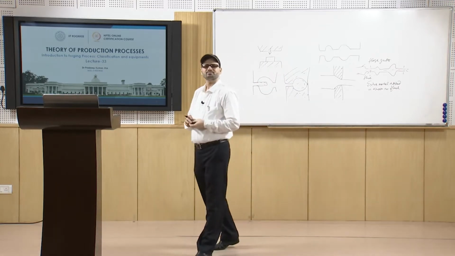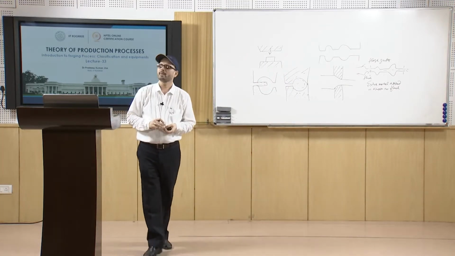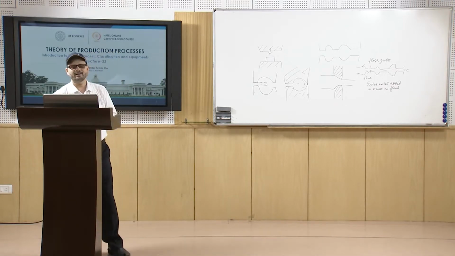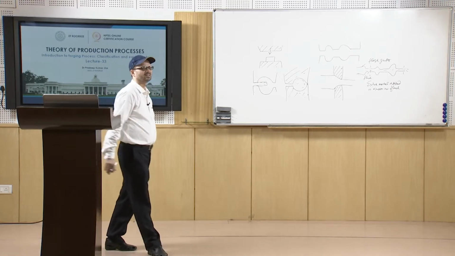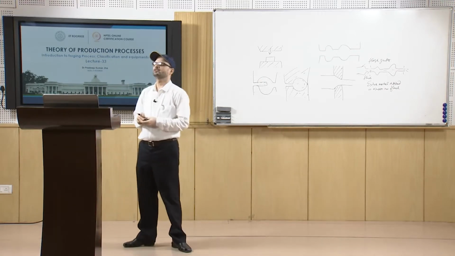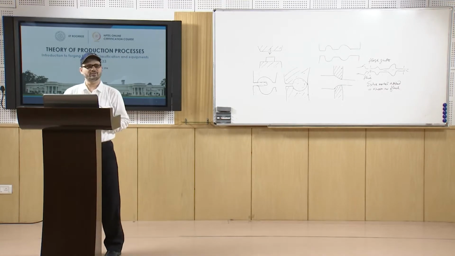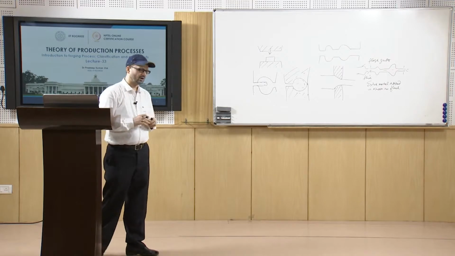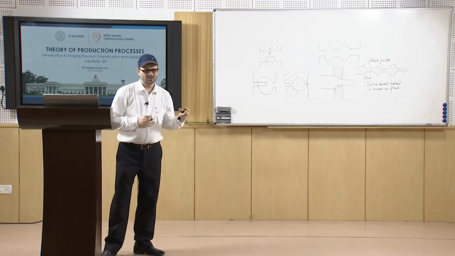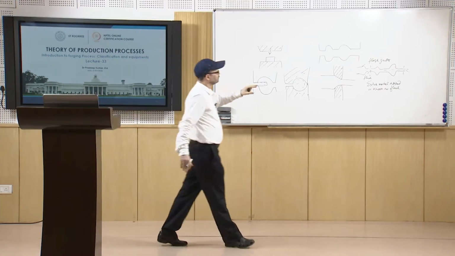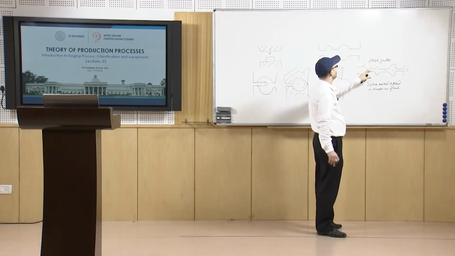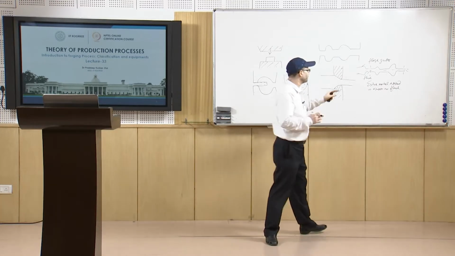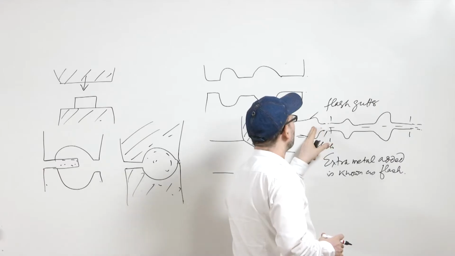Now, these flashes have some roles, and they basically work as a safety valve for the excess metal in the closed die forging process. It also ensures that, since the flash is thin and wide, it cannot come out so easily.